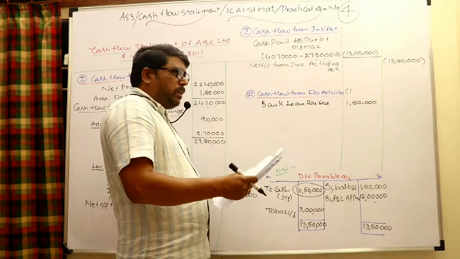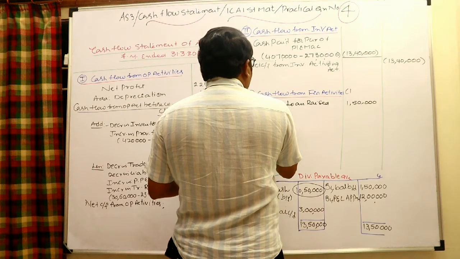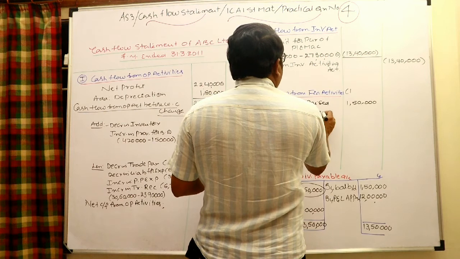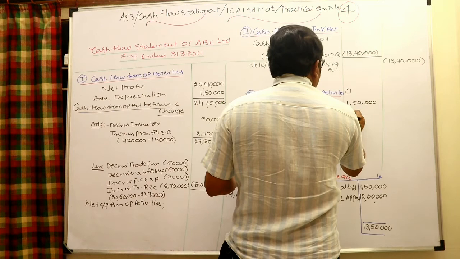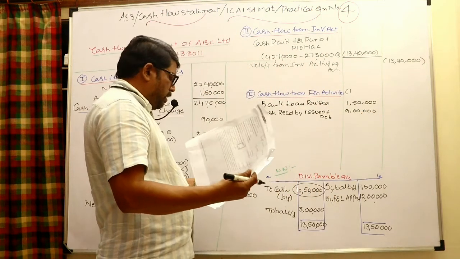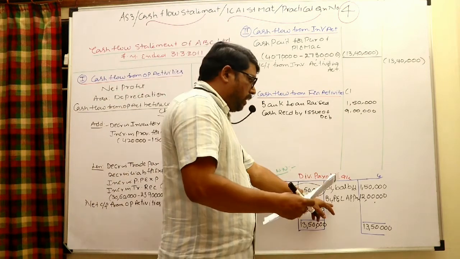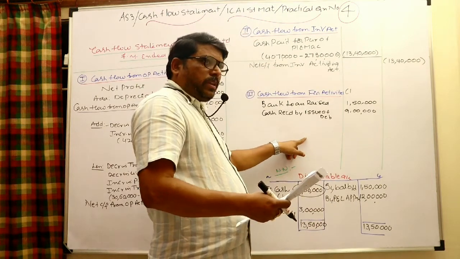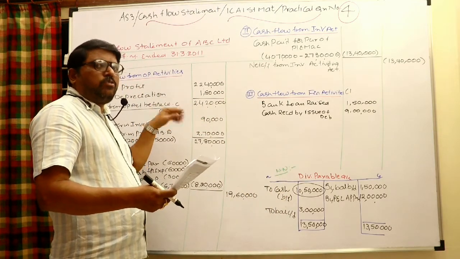Also check opening debentures 0, closing 9 lakhs. So cash received by issue of debentures is 9 lakhs. There are no financing activities except these two, but dividend paid should be taken, not declared. Declared is added back and paid is deducted, but declared is not added back here because we have taken profit before appropriation.